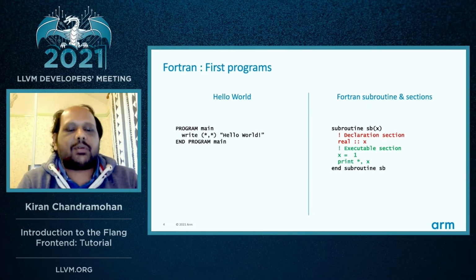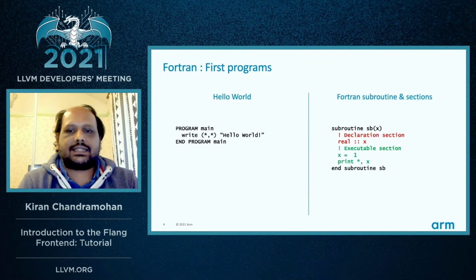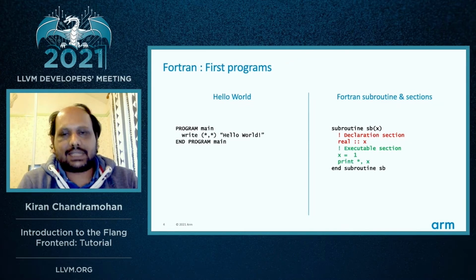It's not just the main program that Fortran has. It supports structured or procedural programming with two kinds of things: one is subroutines, and the other is functions. The difference between functions and subroutines is that functions can return a value. What we have on the right-hand side is a subroutine, and typically in Fortran, there is a separation between a declaration or specification section and an executable section.